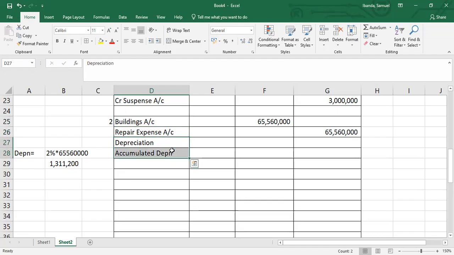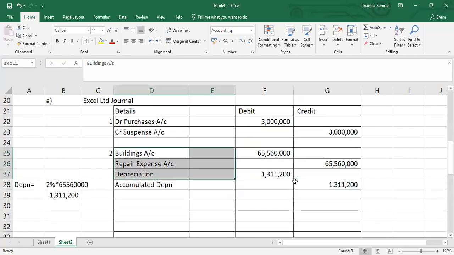The error here is just to recognize what was not recognized, and this is how I recognize. And you see, when you're doing your journal you should have both a credit and a debit entry, okay? So that is what I'm doing, just from the double entry principles. So I'll debit my depreciation there, and then credit my accumulated depreciation.